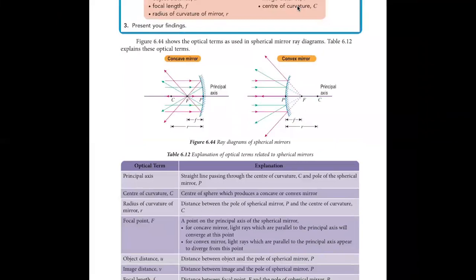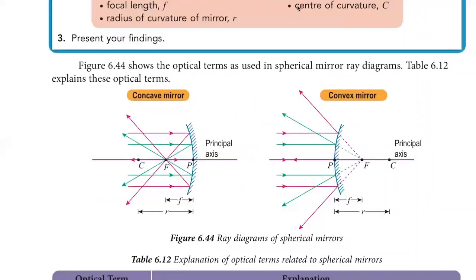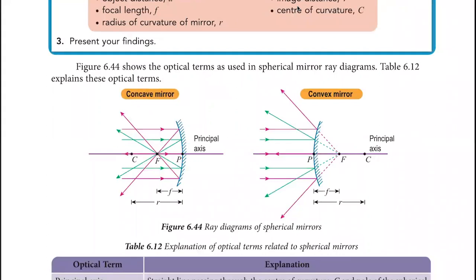It is actually the opposite of the ray diagrams using lens. A mirror reflects, memantulkan. If a lens, it refracts, membias, it bends the light. But a mirror reflects.